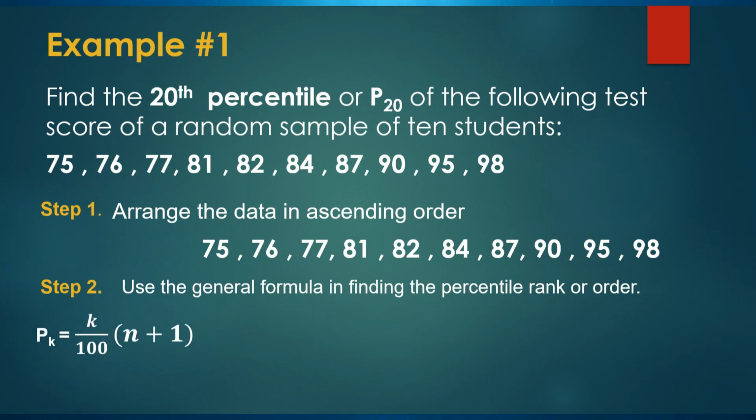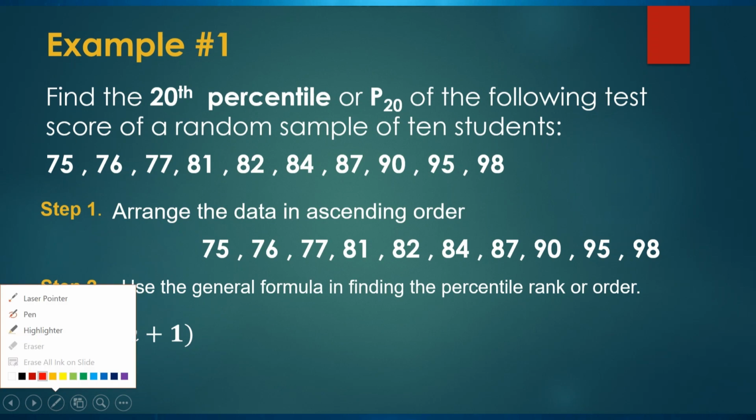So we have the formula: P sub K is equal to K over 100 times N plus 1. So kung quartile siya, yung P natin is nagiging Q, yung 100 naman natin is over 4. Kung decile, nagiging D ito, then yung 100 natin is over 10.